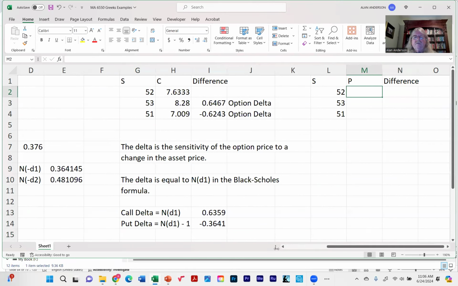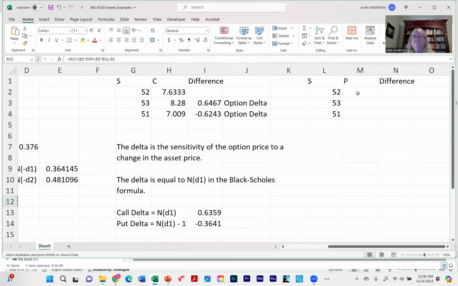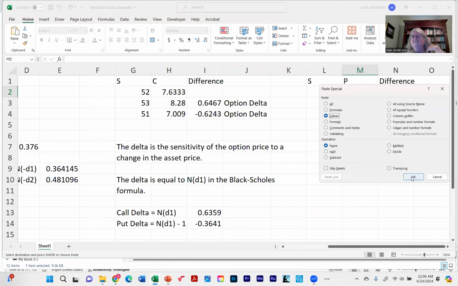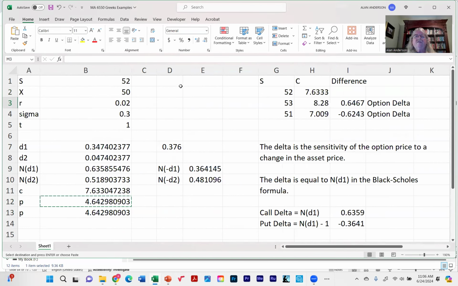All right, so initially we were at about 4.64. And now we're going to let the price go up to 53. And the new put price is about 4.29.